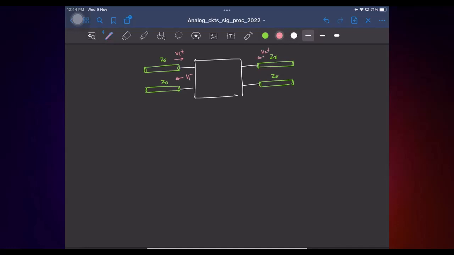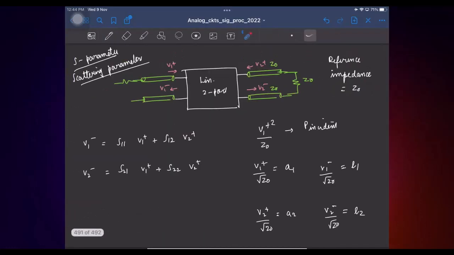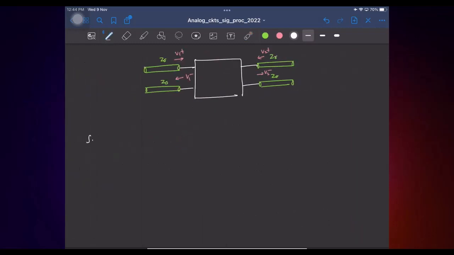Here this is V2 plus, V2 minus. So how do I find S11? What is S11? I mean, from the equation, what is S11? V1 minus by V1 plus when V2 plus is 0, right? So S11 is V1 minus by V1 plus when V2 plus is 0.